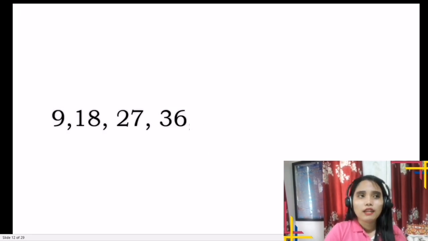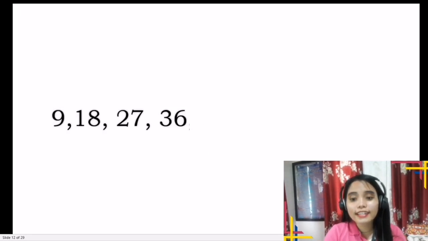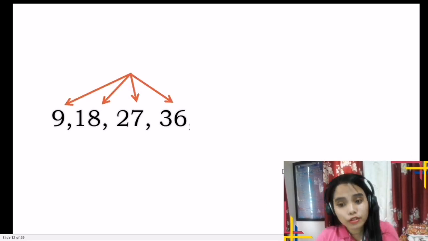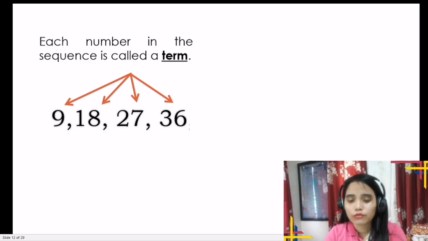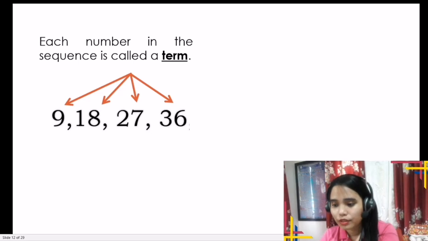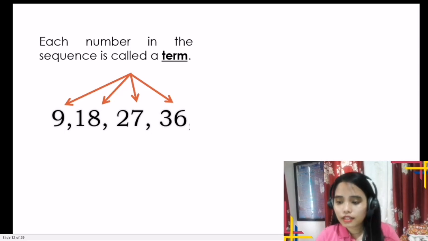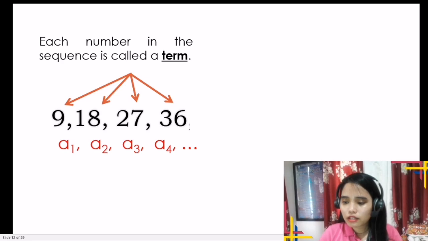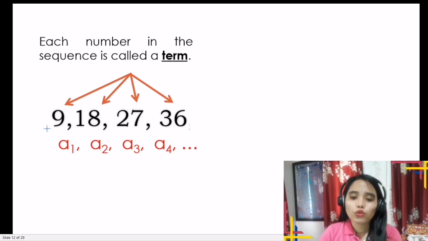So, let's have this data: 9, 18, 27, and 36. These numbers here are called terms. Each number in the sequence is called a term. The terms are denoted like this: 9 is denoted by a sub 1, the first term.